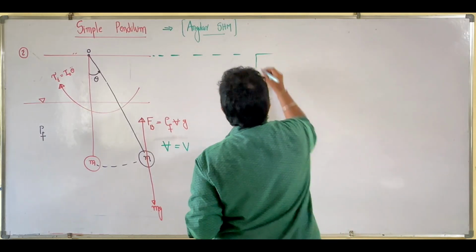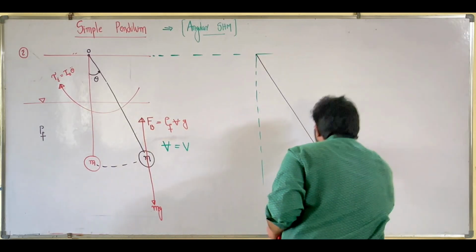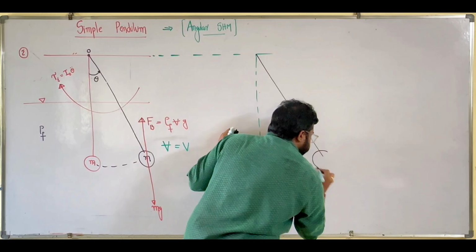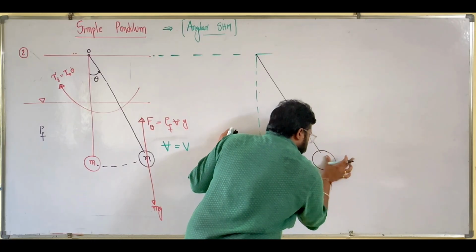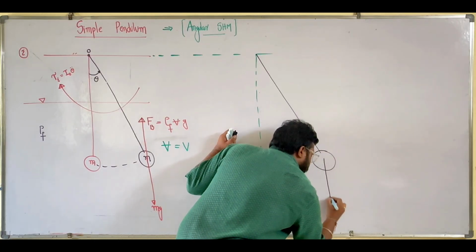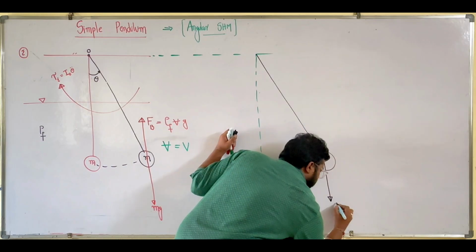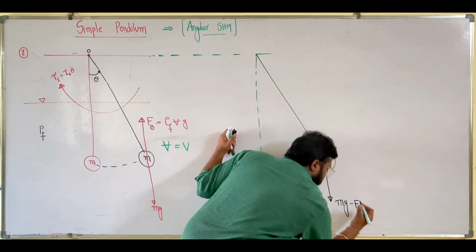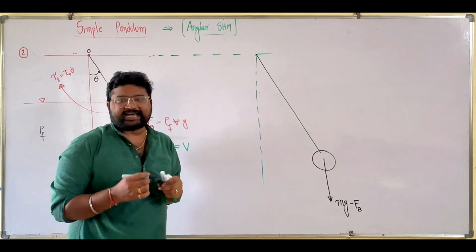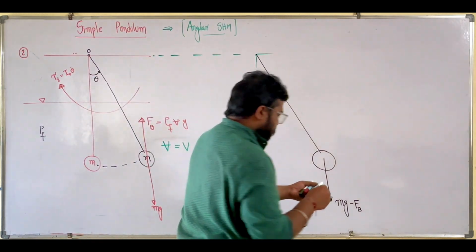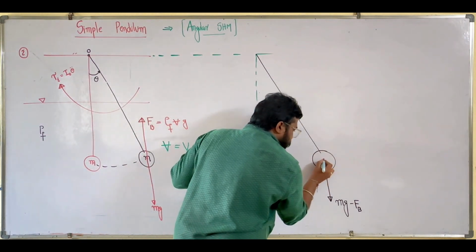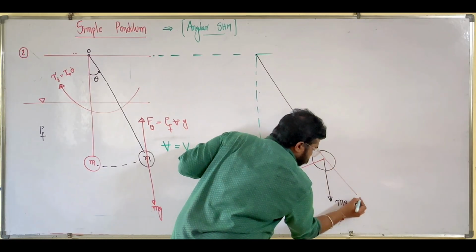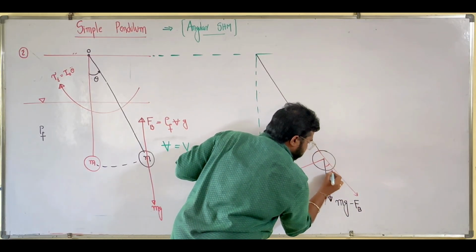Here, mg, the total net force, is acting downward: mg minus buoyant force is acting downward. Here to here, this would be theta.